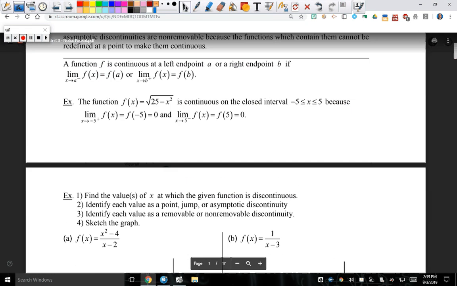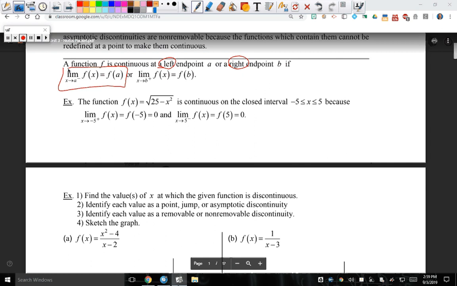A function f is continuous at a left endpoint or a right endpoint. And there was a phenomenal question that I had earlier today during second period. Let's see if you can find the same question. I think you can. This right here is basically rule 3 of continuity. But it's only looking at what?